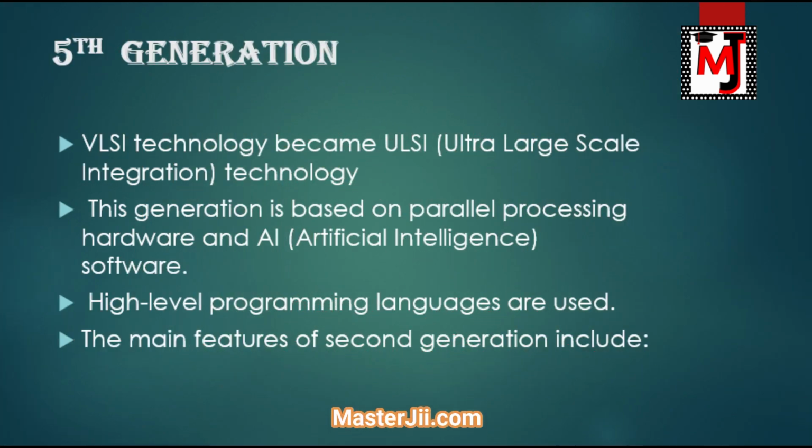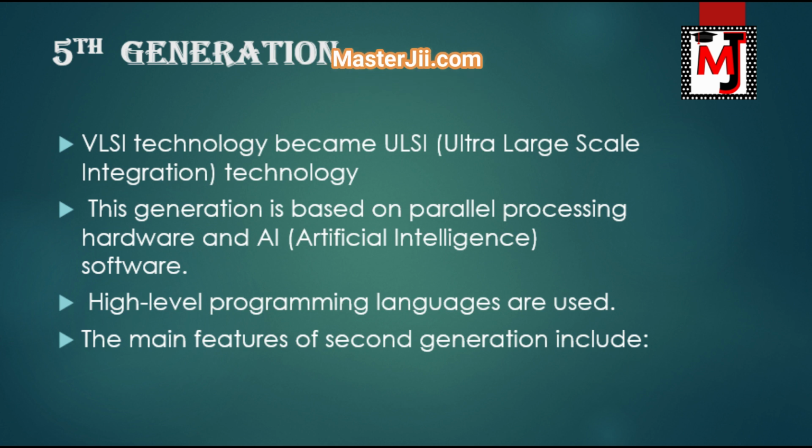Now the fifth generation computers. In the fifth generation, VLSI technology became ULSI, ultra large scale integration technology, resulting in the production of microprocessor chips having 10 million electronic components. This generation is based on parallel processing hardware and AI, that is artificial intelligence software.